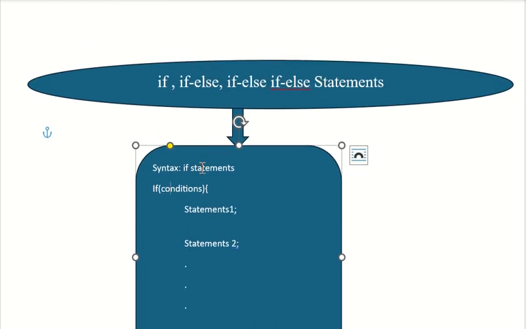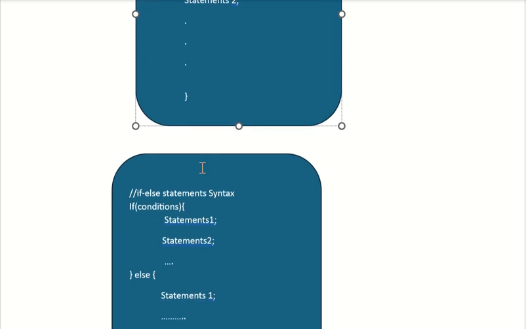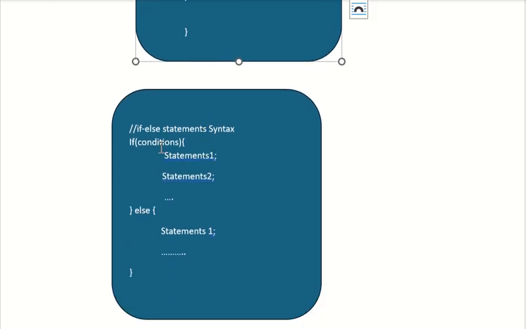The second one is if else. If else is used when a certain condition is met; if it is not met, then go to the else.